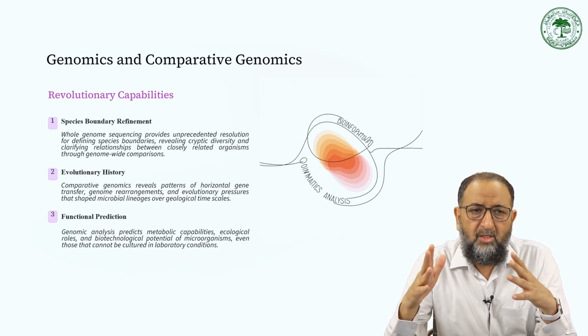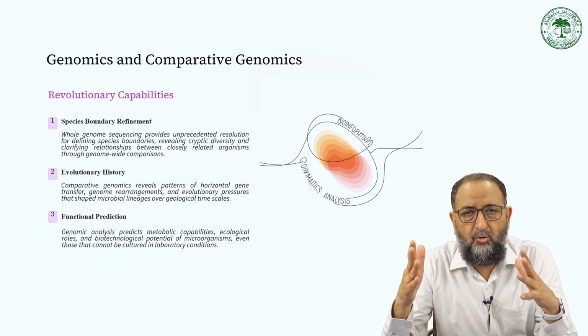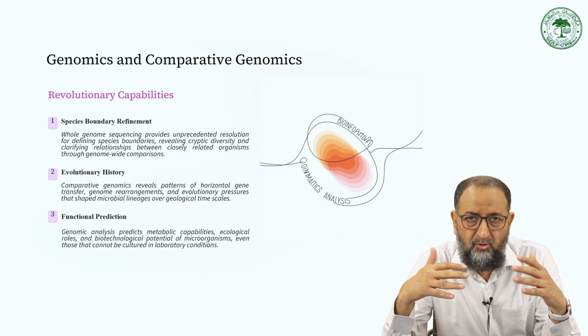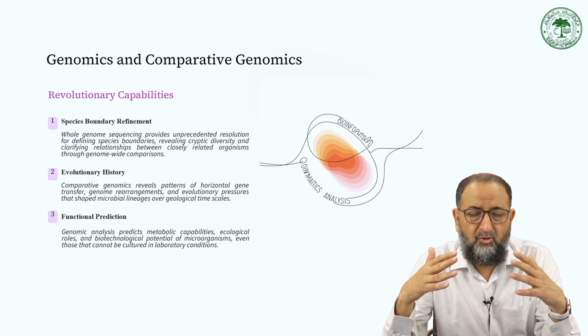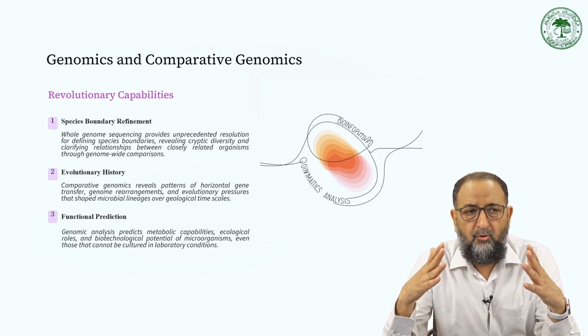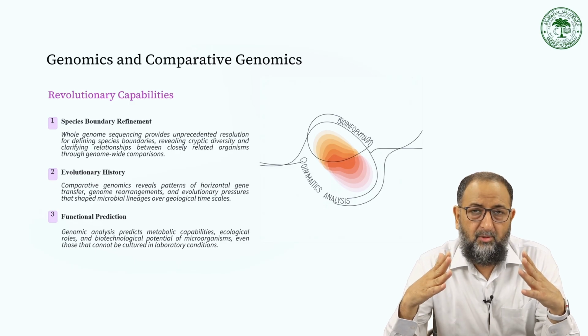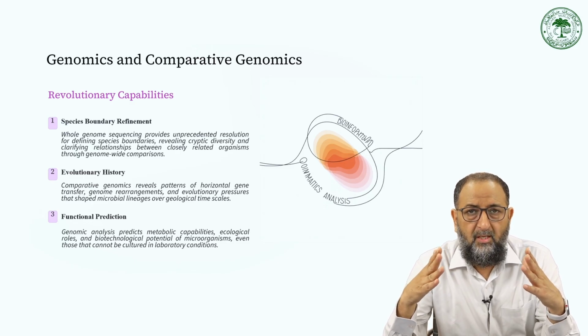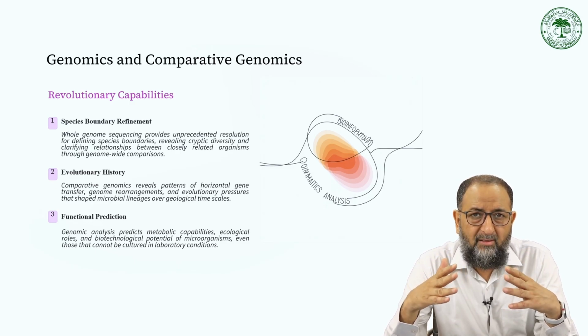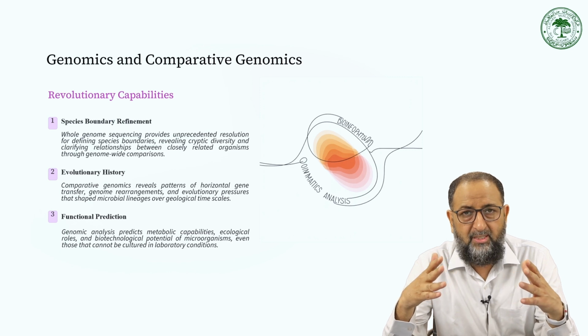So, looking into the whole genome analysis and comparing that genome to another individual's genome gives you a clear-cut picture of how it varies. What is the percent similarity? For example, if you talk about E. coli and Klebsiella pneumoniae, both belong to the same family, Enterobacteriaceae.